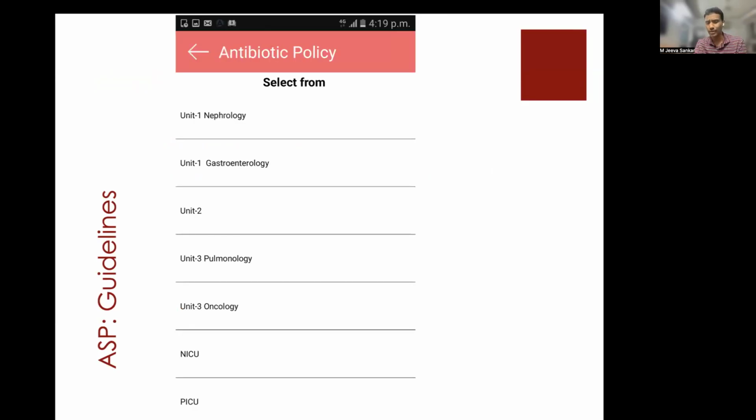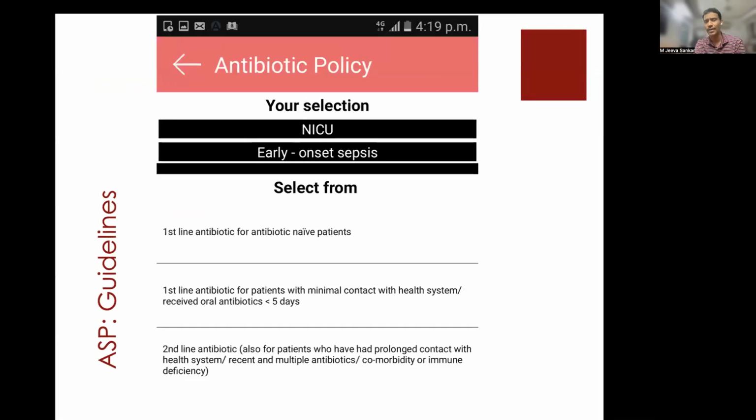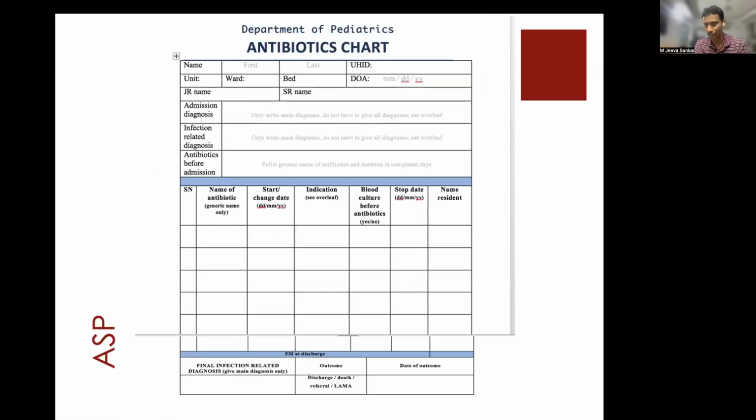You can click and choose which first line antibiotic for antibiotic naive patients. So this is NICU, early onset sepsis. So even if a new resident joins, and they do not know and are shy to ask the seniors or colleagues, you can just select this and see which antibiotic you can give. So that's the antibiotic guidelines.